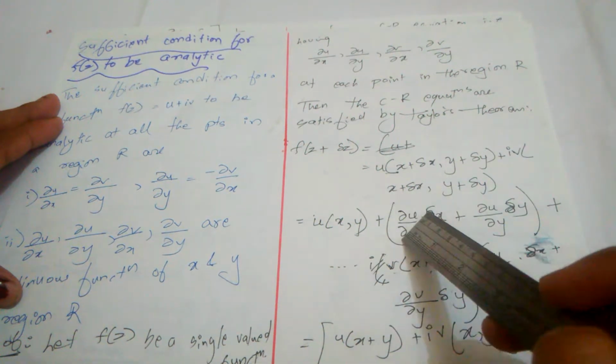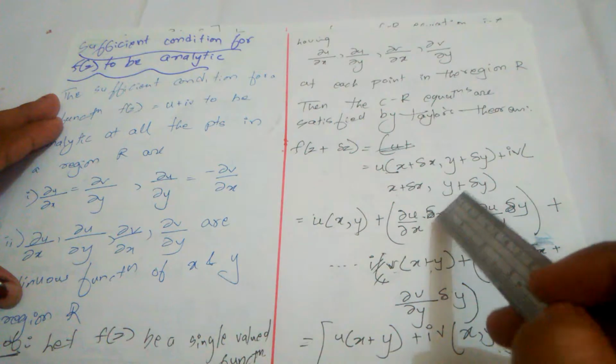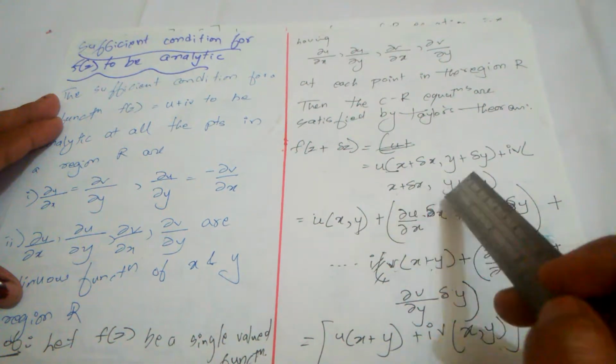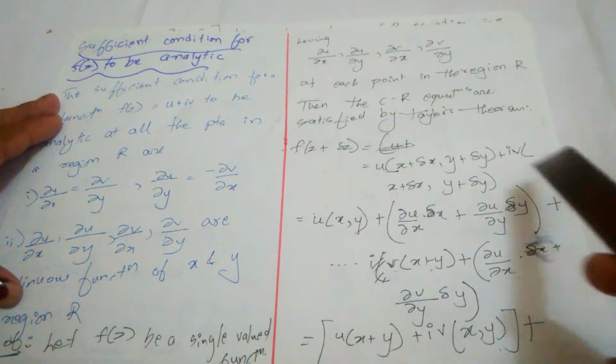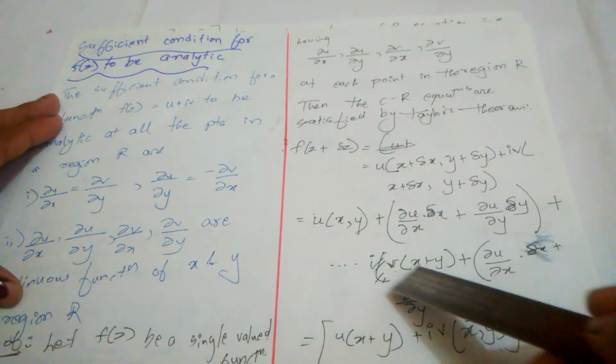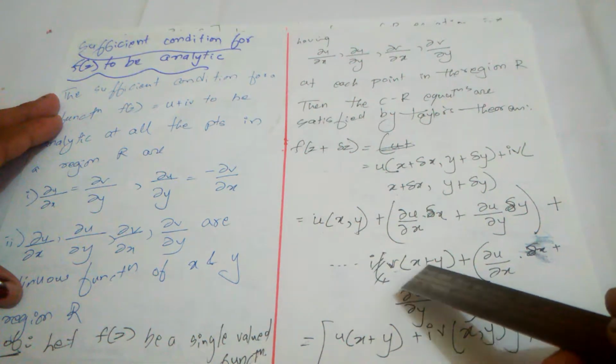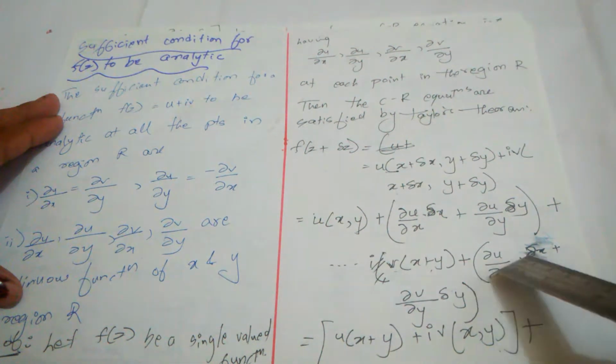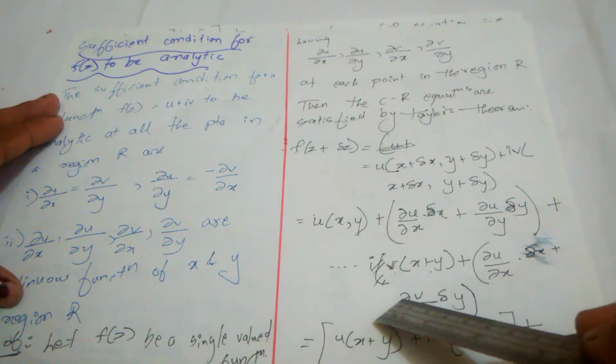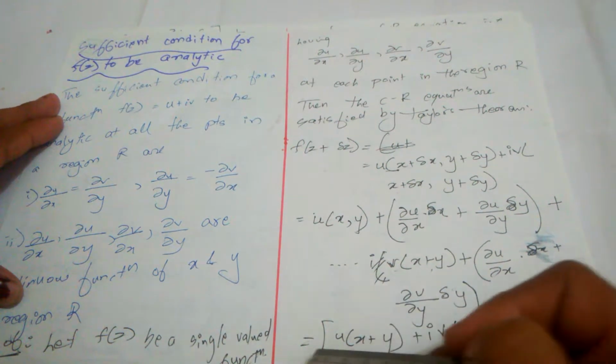This is actually a partial differential form. Plus iv, again the same thing, x, y plus ∂v/∂x into delta x plus ∂v/∂y into delta y.